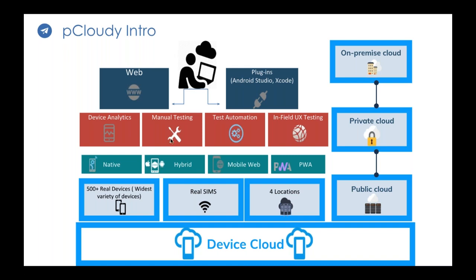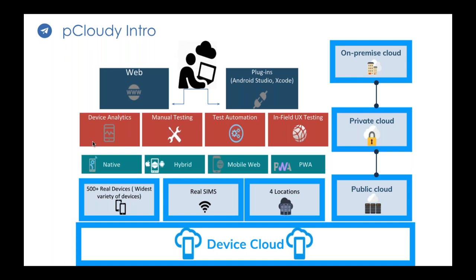You could do manual testing on the devices hosted by us. You could do automation testing also using a plethora of tools like Appium, Monkey, Espresso, and whatnot. You can also get device analytics on our platform. You can also plan your test based on our latest feature called Device Planner, where you could get analytics about which device is used by what percentage of people in which market.